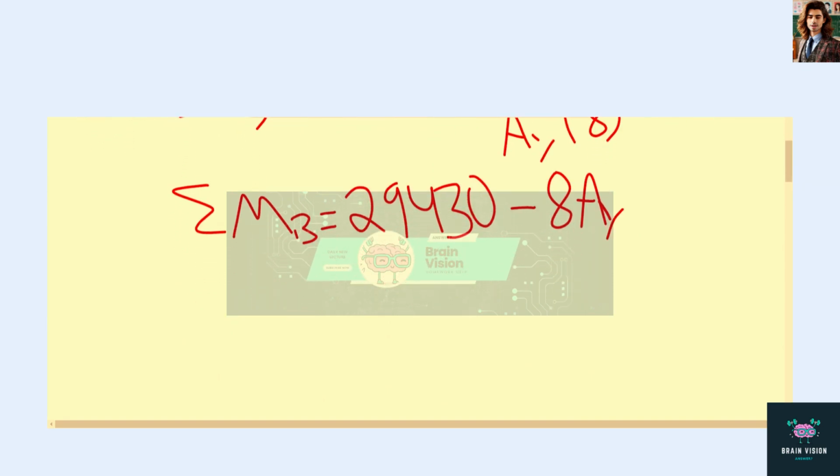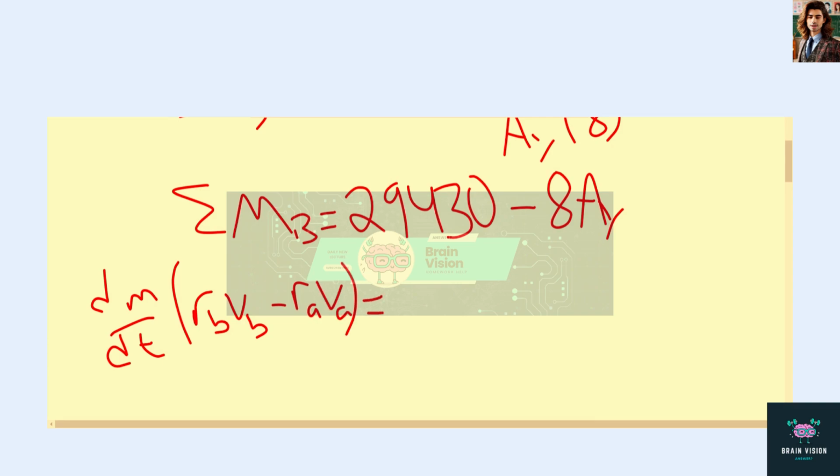We know dm/dt times the difference of the moments, which is RB VB minus RA VA. We know the mass rate is 50 kilograms per second. And we know RB, the radius from point B to B, is 0. So the first half of that set is 0, minus RA, which is 8, times VA, which is 10.